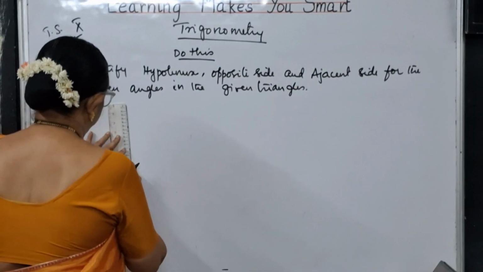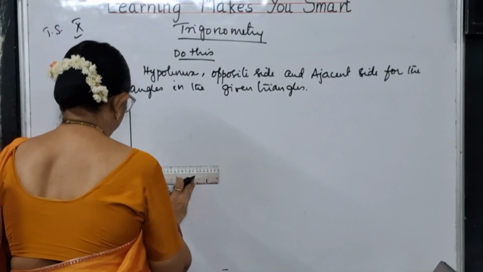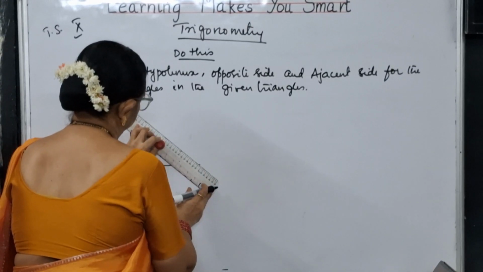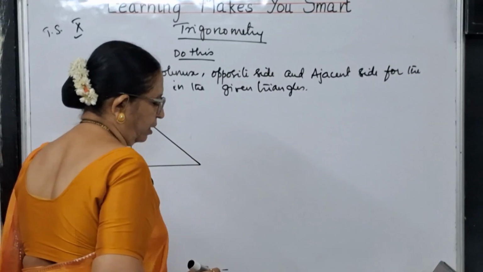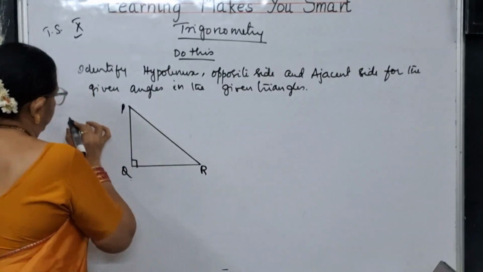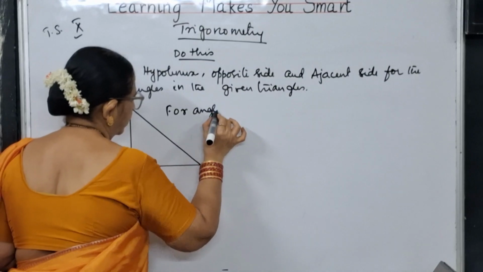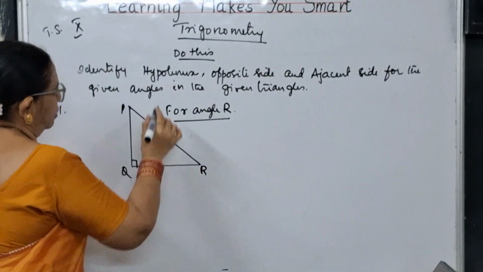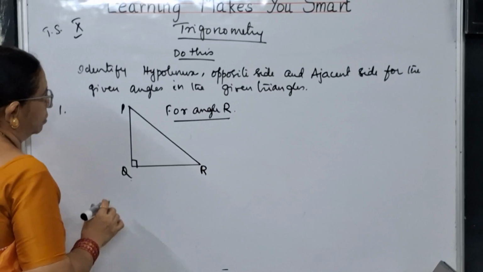You have got the first problem. You have got a right angled triangle. This is a right angle triangle, P, Q, R, and the first problem is talking about angle R. So for this angle R, what is the hypotenuse, what is the opposite side, what is the adjacent side, you have to give.